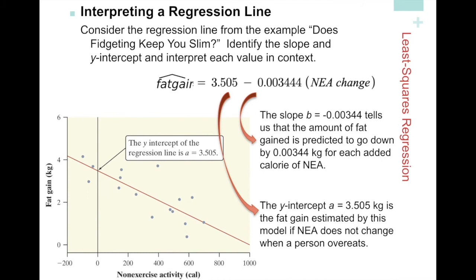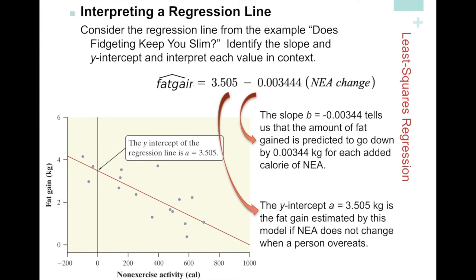But yeah, so we were talking about the regression model for regressing fat gain on NEA, and we were interpreting the slope and the y-intercept in context. So let's go ahead and interpret the y-intercept in context. Our y-intercept of 3.505 kilograms tells us what our predicted fat gain would be if the non-exercise activity changed by 0.